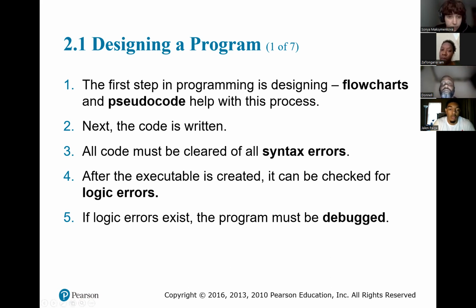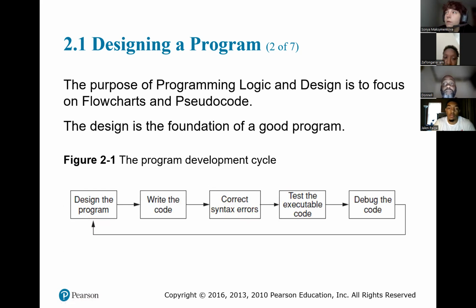And after that, if there are any logic errors, we do the process of debugging. And debugging is just fixing those errors, just making sure that your program runs and does exactly what it's supposed to do. Moving on, this whole class is basically going to focus on pseudocode and flowcharts, as well as getting you to know the vocabulary of coding and scripting, just the basic vocabulary of the IT world. So after this class, you should be familiar with the basic things.